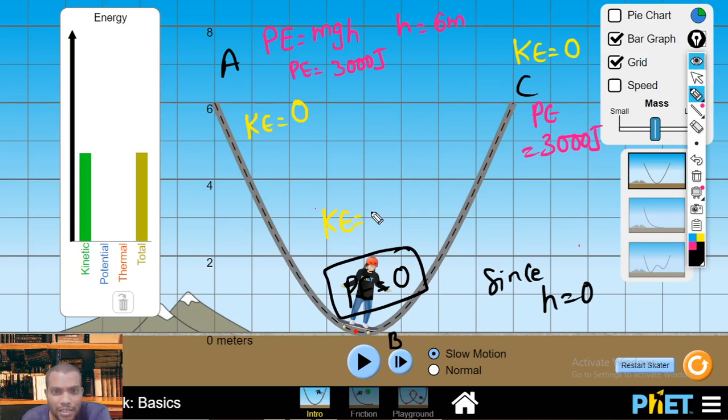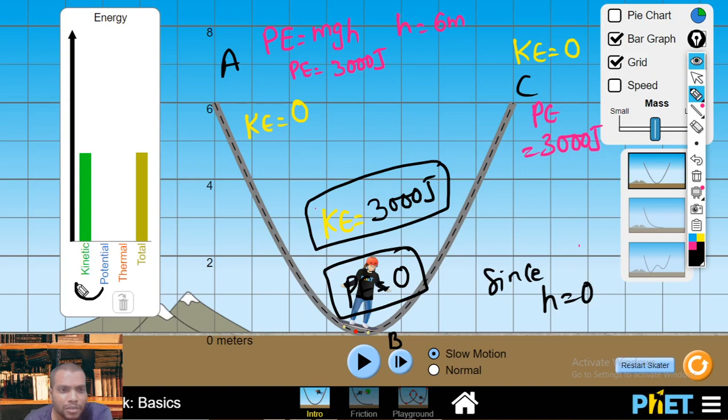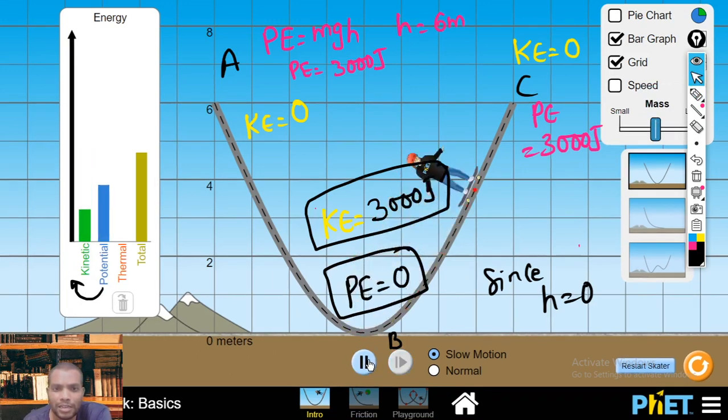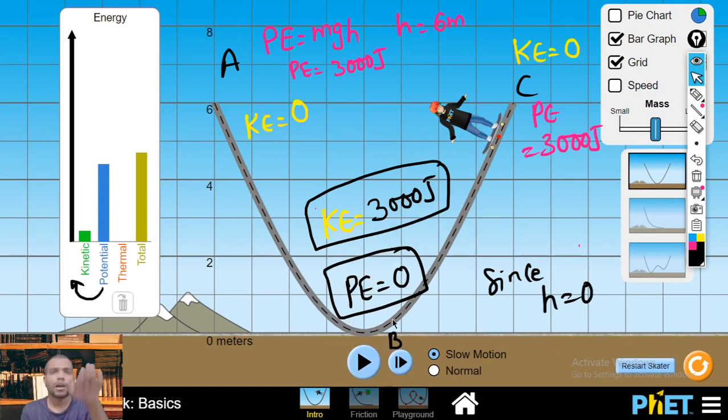So his kinetic energy here I can write as 3000 joules. Why? Because the entire potential energy is converted into kinetic energy. And when I play him again, his potential energy increases and kinetic energy decreases. So this is how potential energy and kinetic energy increase and decrease.